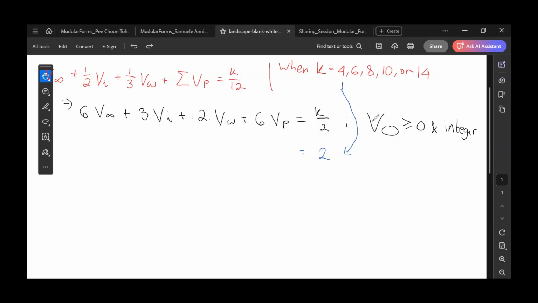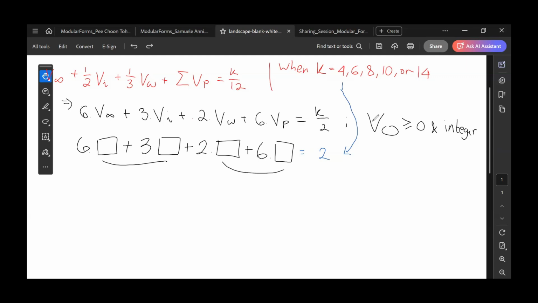So 6 times something plus 3 times something plus 2 times something plus 6 times something, where all of these are integers that are at least 0.